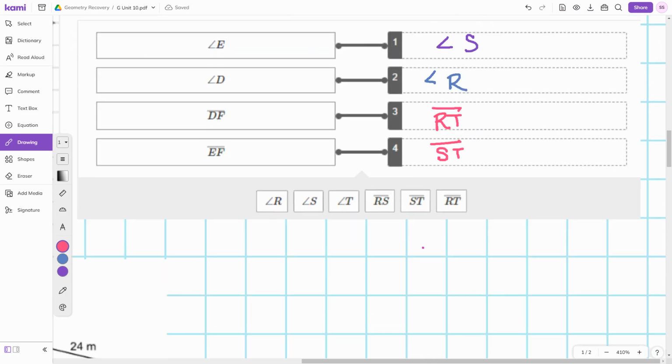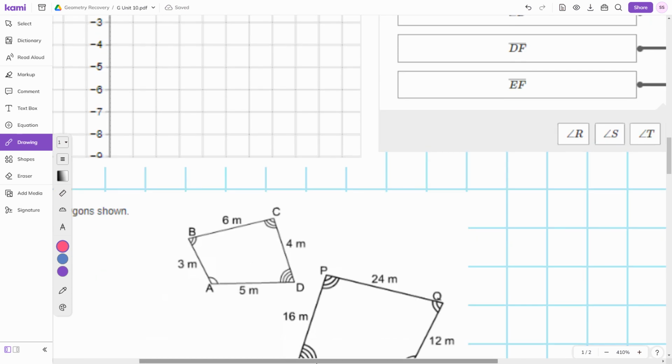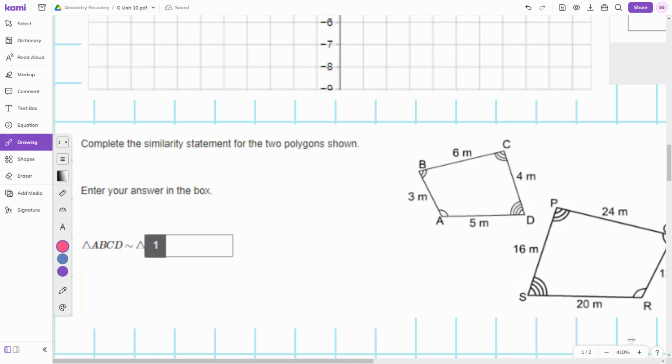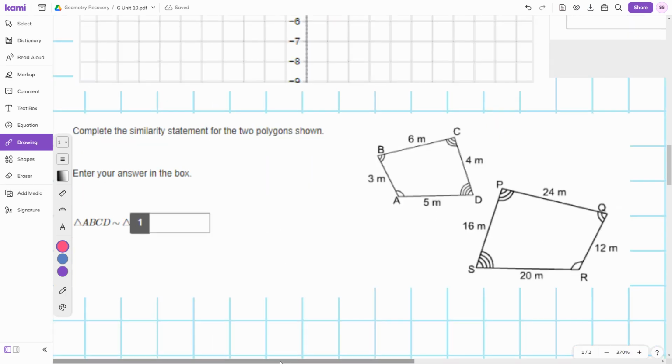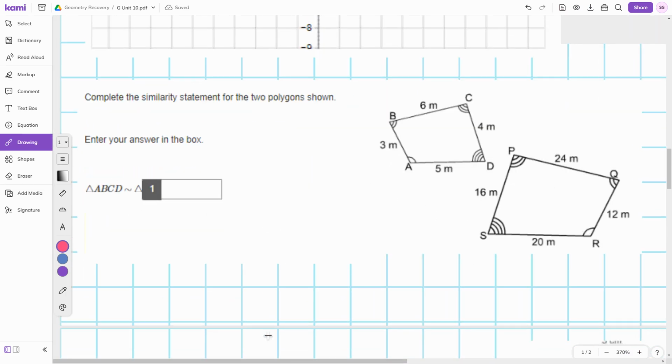All right, number 6. It is important when you're doing your similarity statements that you align things that correspond. You just can't put them in any order. The order does matter. If you have to highlight, you all should know by now how to do a screenshot.